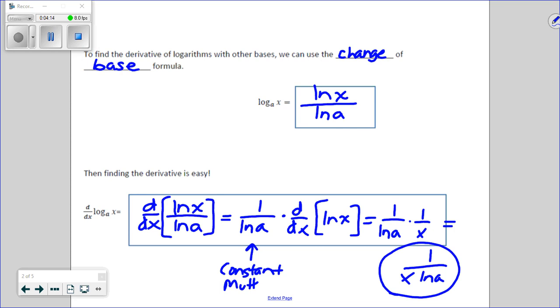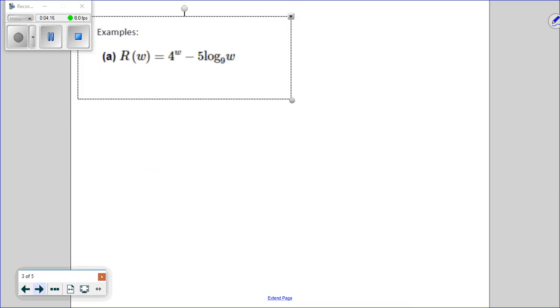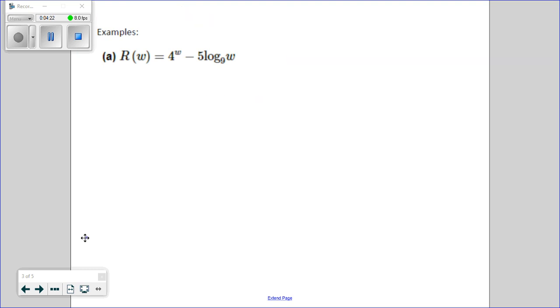All right, but let's look at some examples of how we might use these rules. So here we want to find the derivative of 4 to the w power minus 5 times log base 9 of w. So to start out, we're just going to use our difference rule, and we're just going to find the derivative of each term.